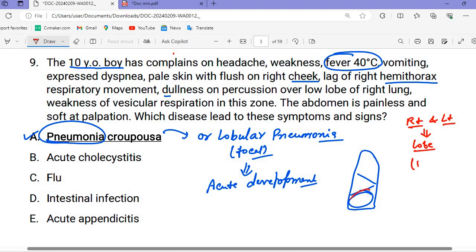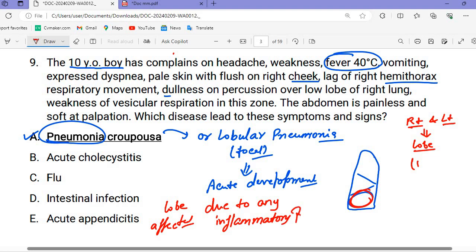So if any lobe is affected due to any inflammatory process, that is pneumonia crouposa, or lobar pneumonia.